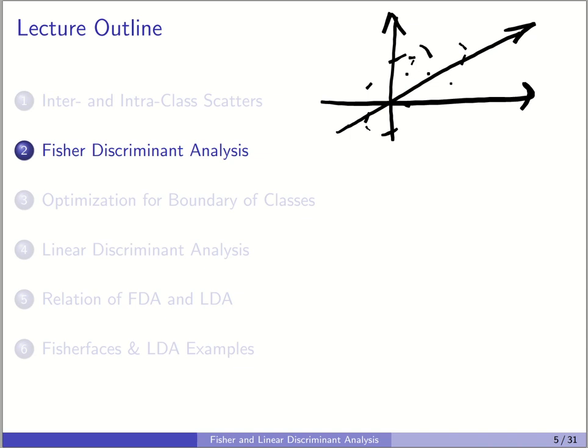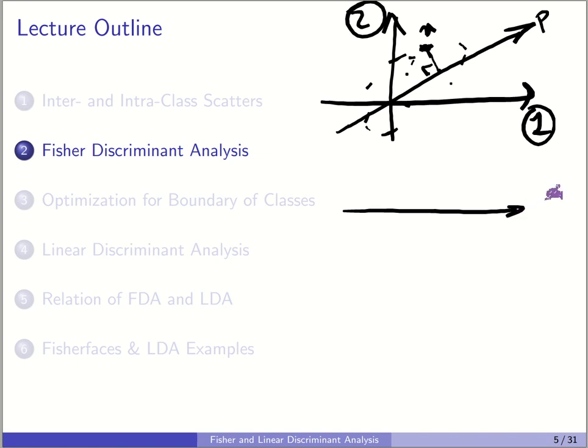If I project this data point X onto this projection direction, it is this. Assume this is the coordinate of one circle, two circles, and this is the projection direction P. In the one-dimensional projection direction, this is X tilde, which is one-dimensional.